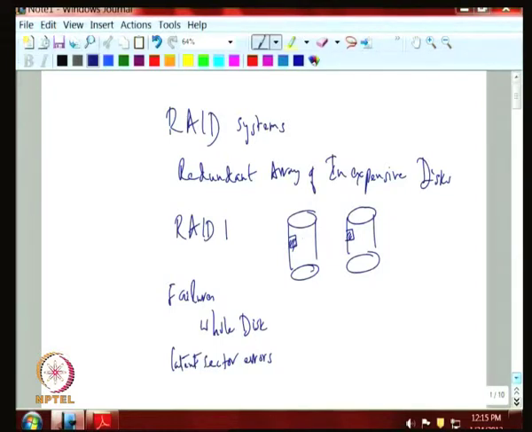Okay. So, normally disks have what is called an errorless area, and they also have a spare area. What does it mean? In a disk, for example, you have some sectors, some tracks, at the outside, which are for these spare areas.